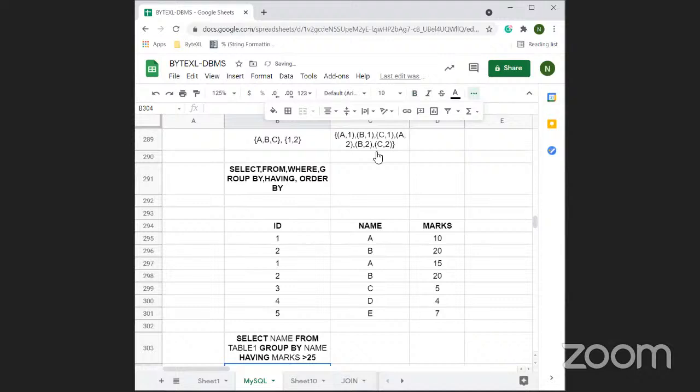Now what will happen? The machine, the database, what it will do is it will group by. What do we mean by group by?